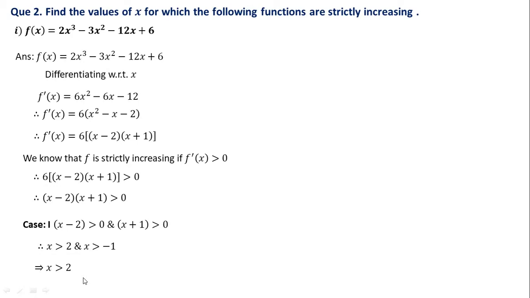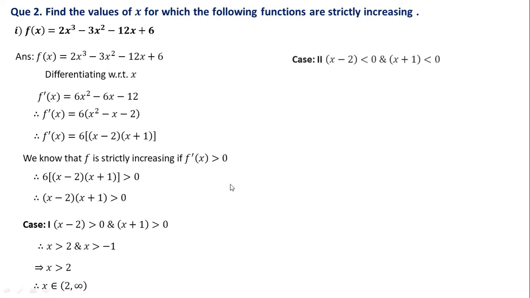Now on the real line, that implies x belongs to 2 to infinity. So if x belongs to 2 to infinity, then this derivative is greater than 0. So we get that x belongs to 2 to infinity where the function is strictly increasing by case number 1.